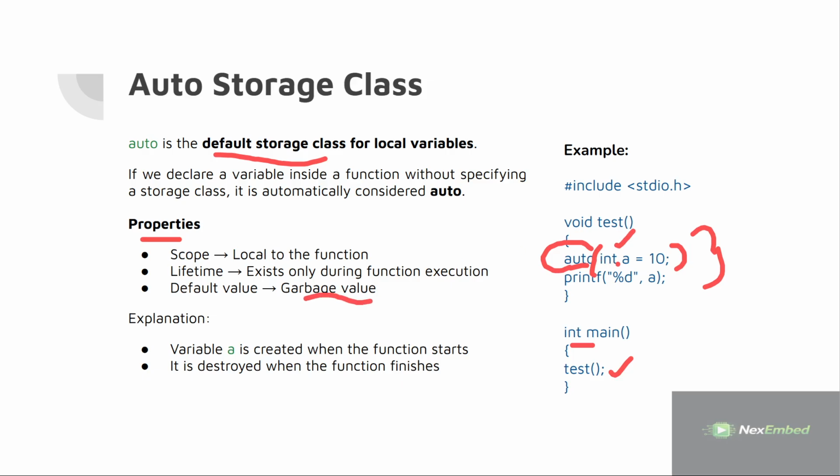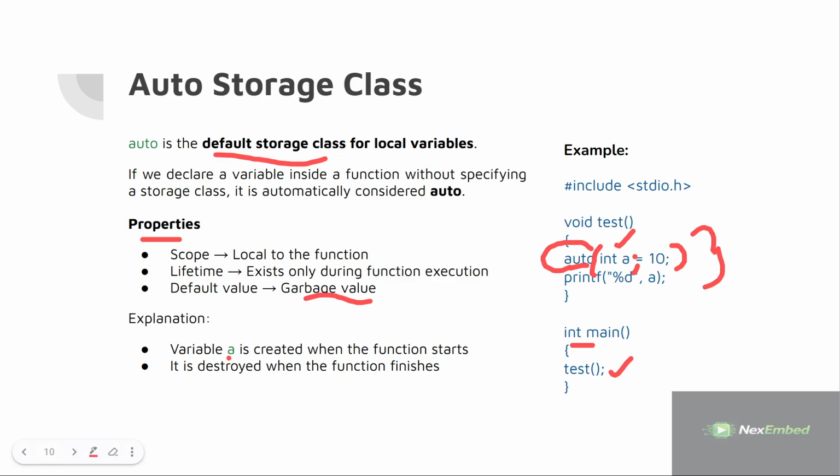The default value matters here: I have declared int a = 10, but if I didn't initialize the value, like int a only, it automatically takes a garbage value instead of 0. Now we are clear about its properties, right?